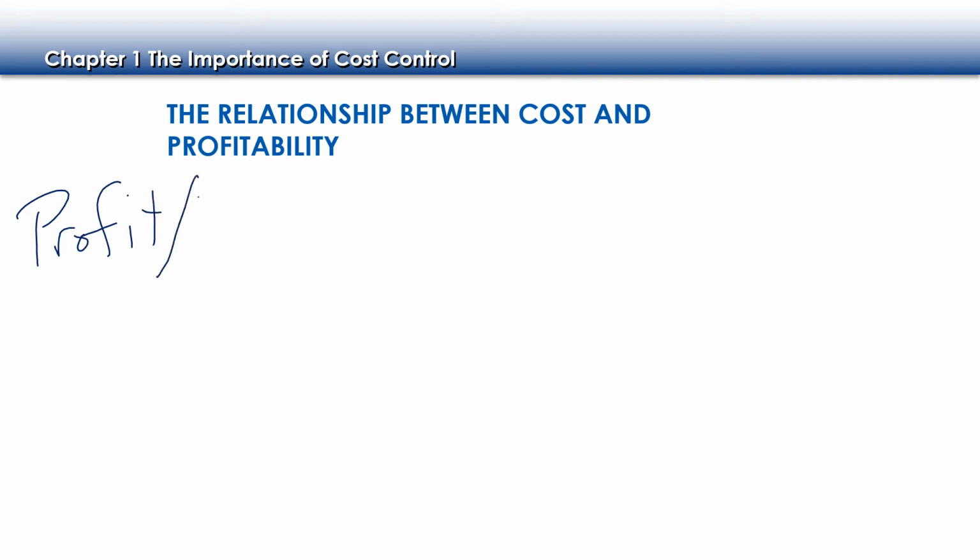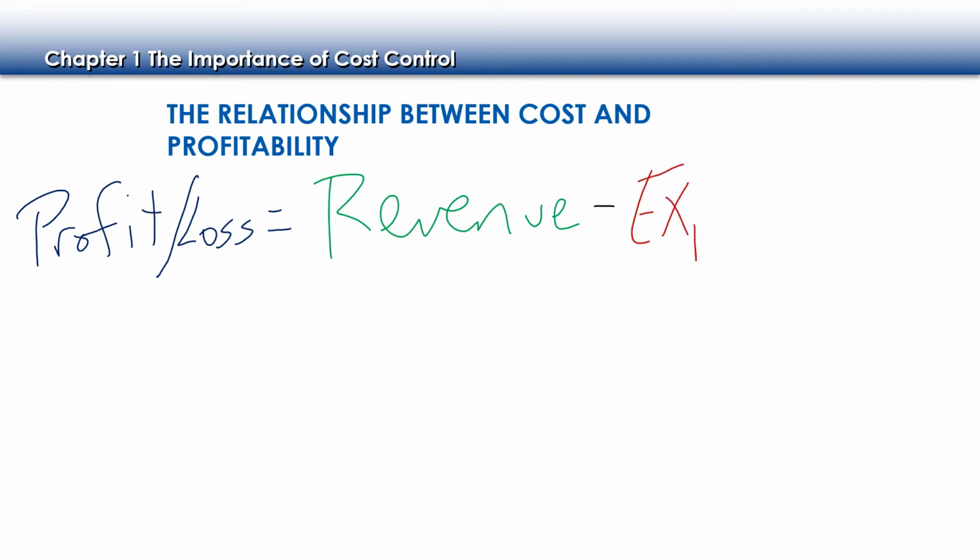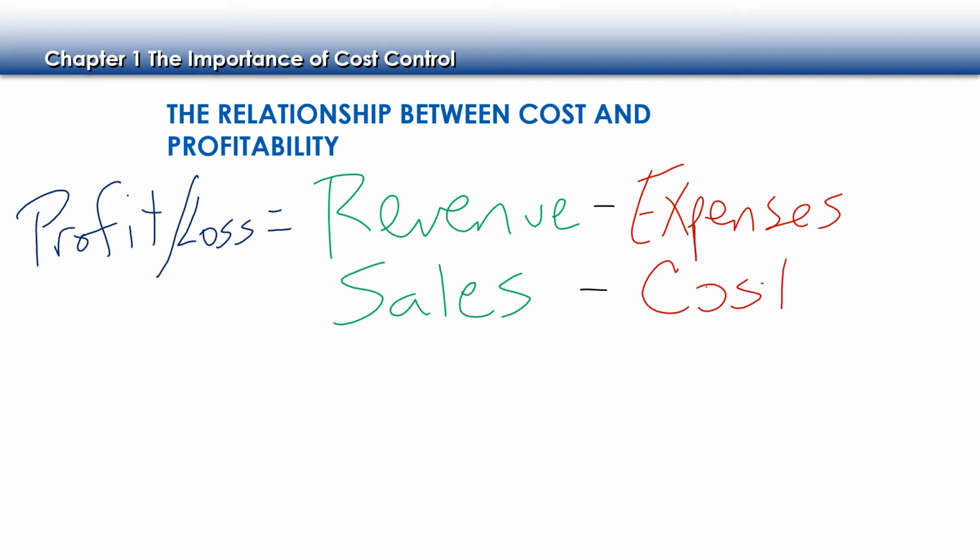Profit, I'm also going to do loss, equals revenue minus our expenses. Now, revenue can also be sales. Expenses can also be costs.